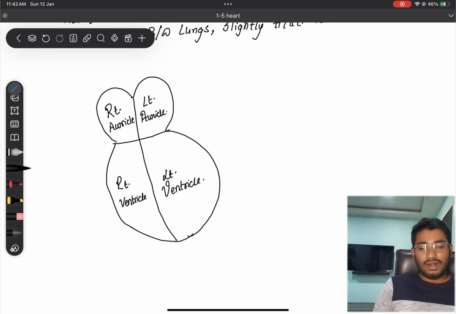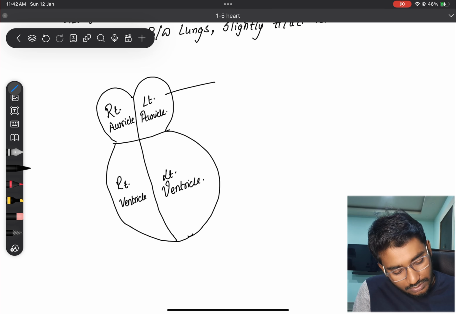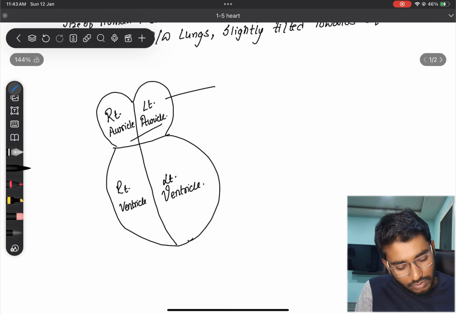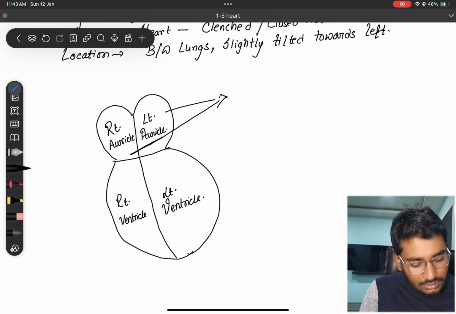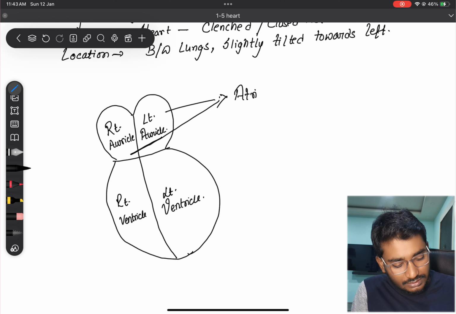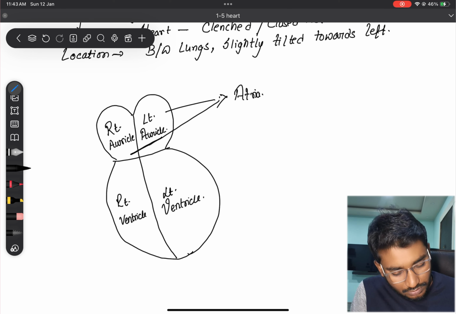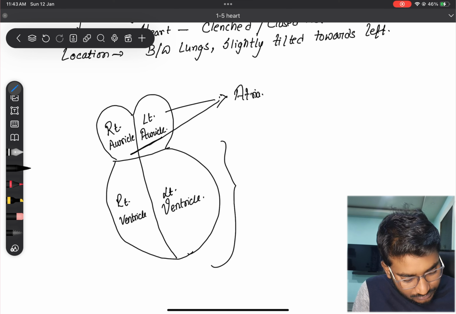These auricles are also called atria, and these are the ventricles.